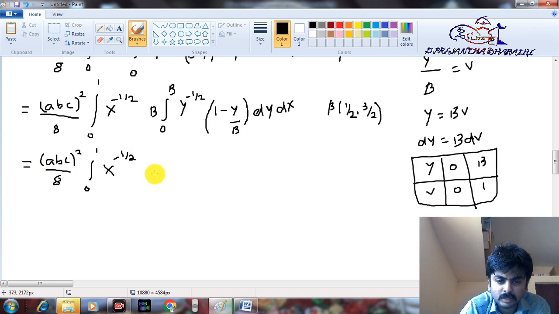Okay, so b into integral 0 to 1 y power minus 1 by 2.